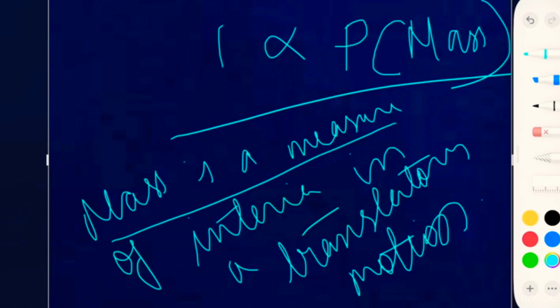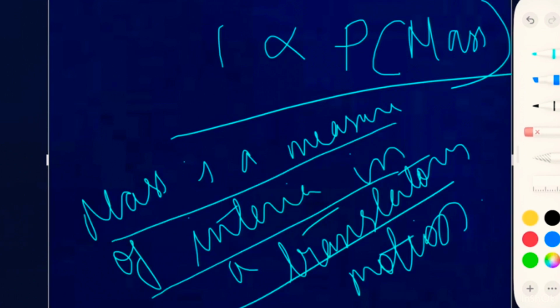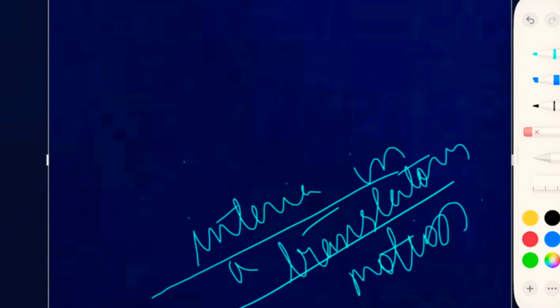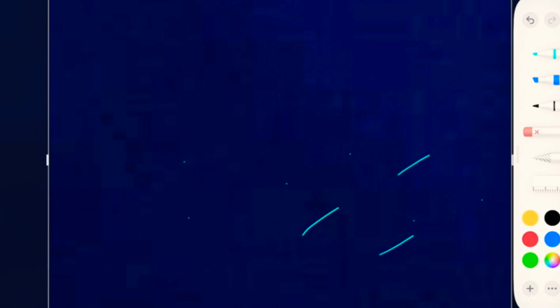Mass is the measure of inertia in a translatory motion. So, the heavier the mass, the larger the inertia. The lighter the mass, the less the inertia.